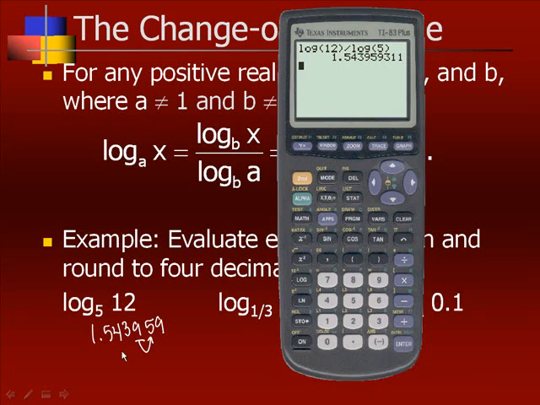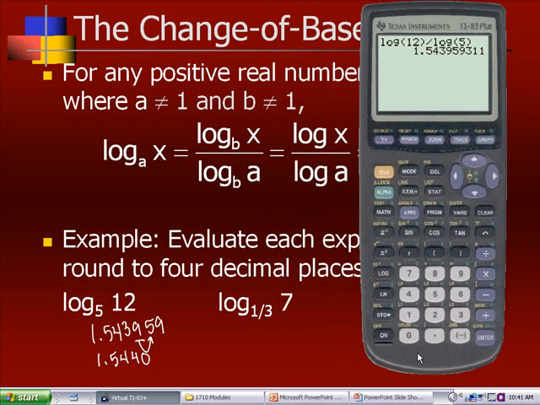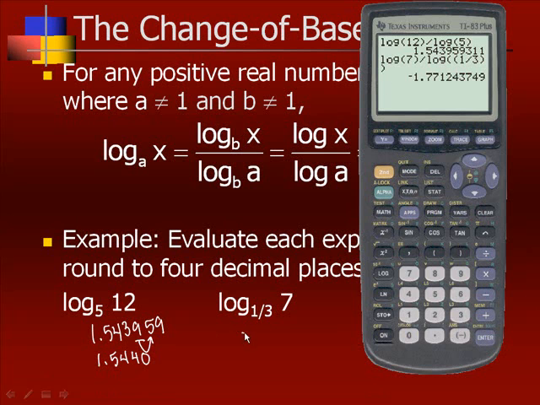Now, if we round to 4 decimal places, that's going to be 1.5440. The log of 7 base 1/3. The log of 7 divided by the log of 1/3, which would give us negative 1.7712.